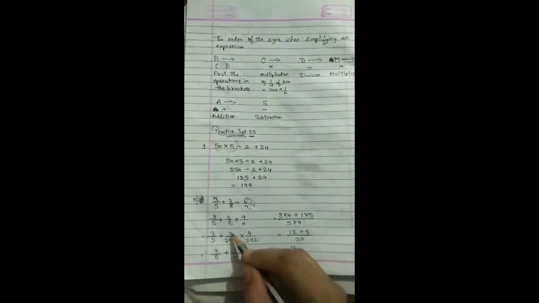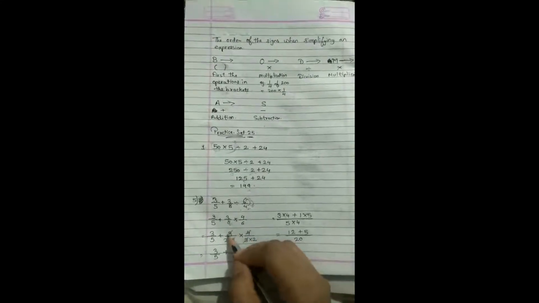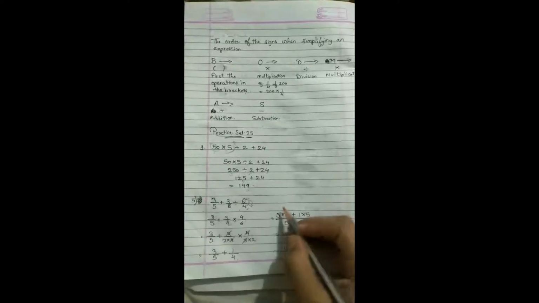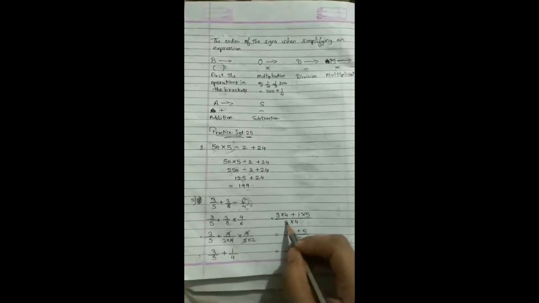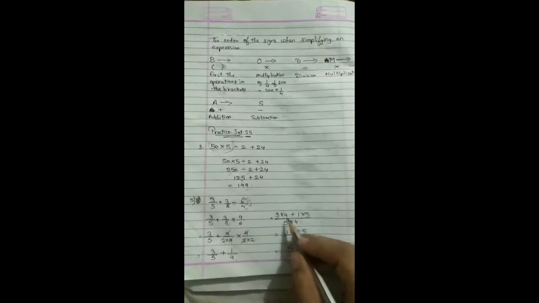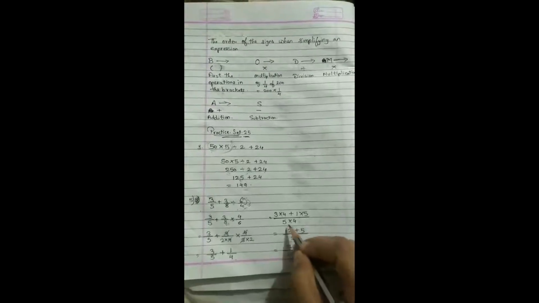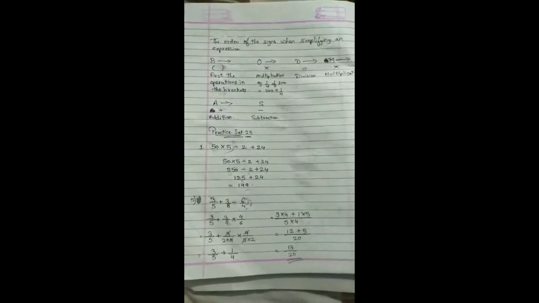So 3 upon 5, this 4 and this 4 will cut down. Now we got 1, 2 2s are 4. Now 3 4s are 12, 5 1s are 5, 5 4s are 20. Plus 12 plus 5, 17 and 20 down.